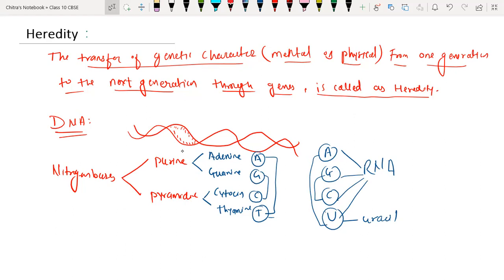Suppose I am making this part visible here in a large structure.